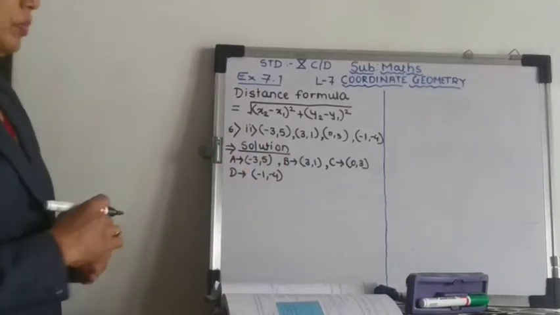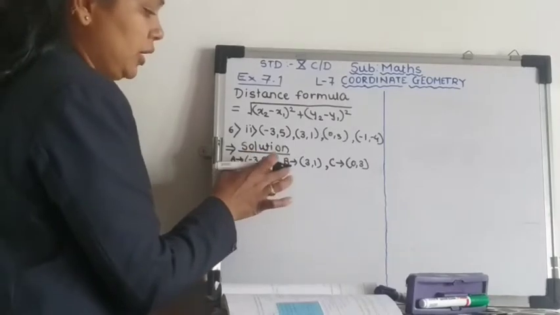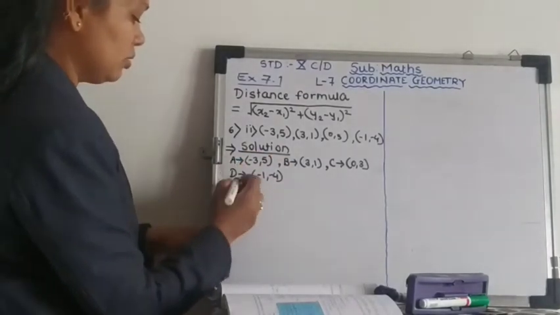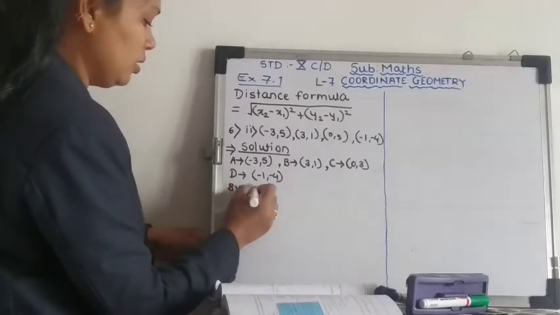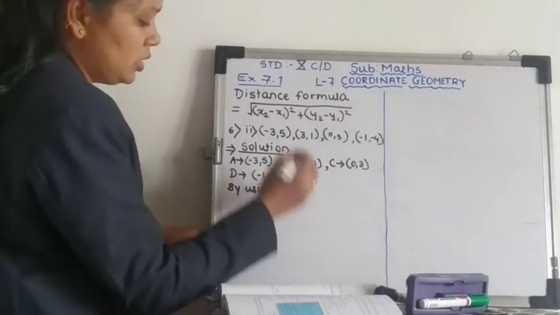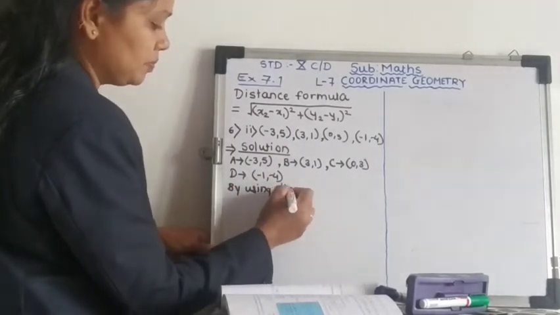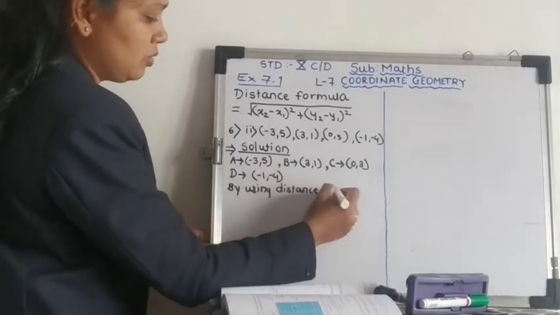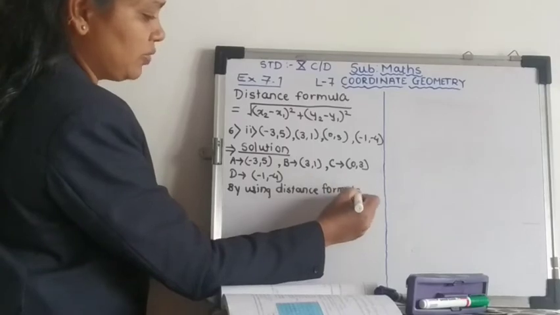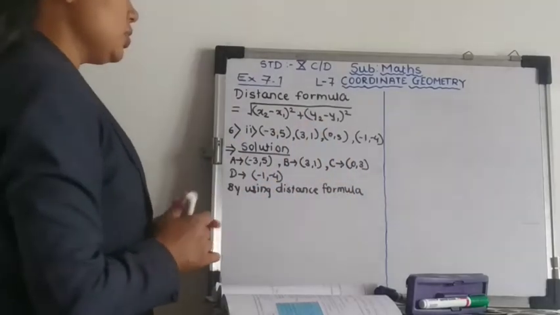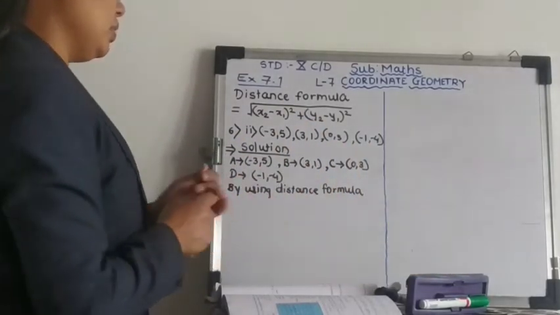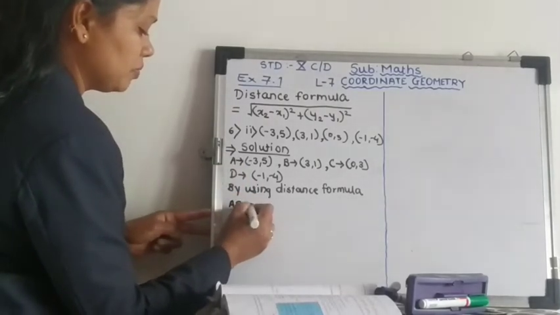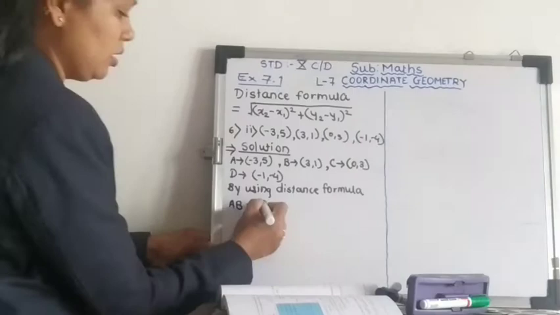Now, for points A and B, we will use the distance formula. By using this distance formula, first we will find out AB.